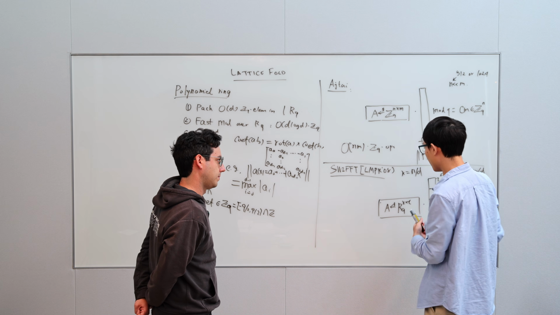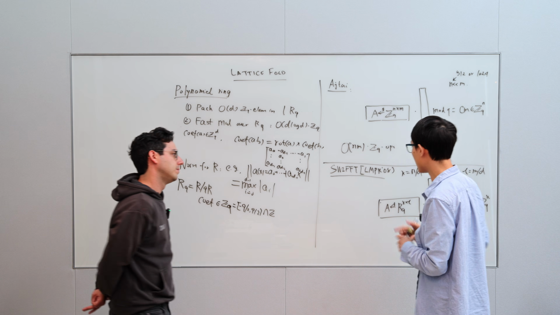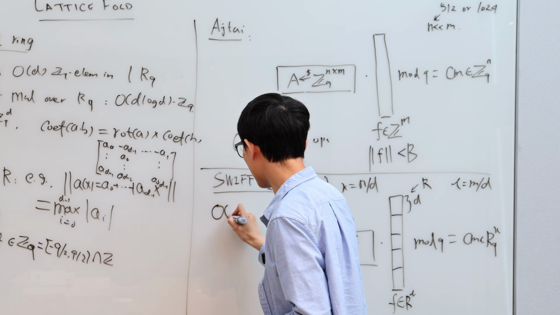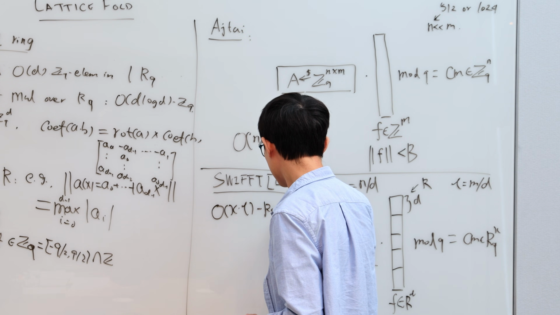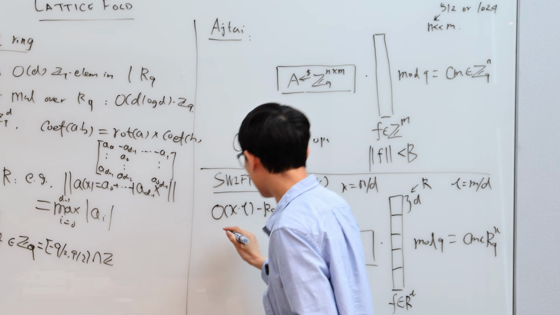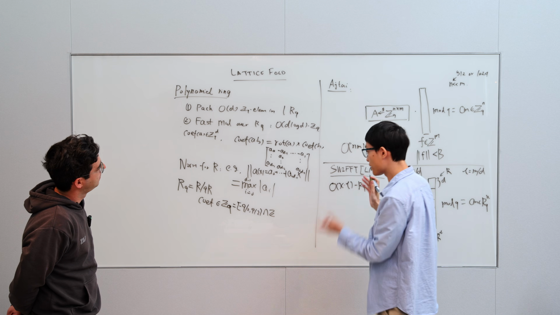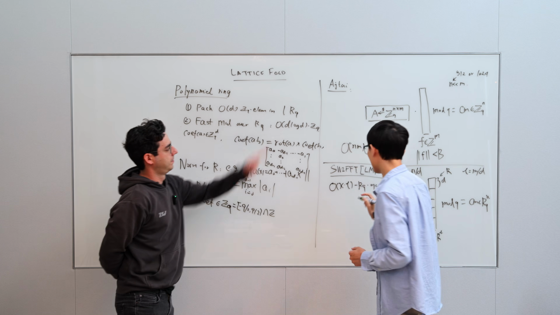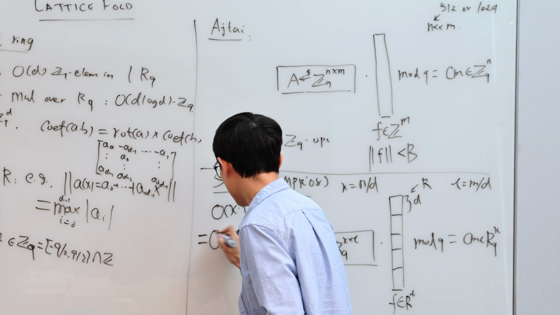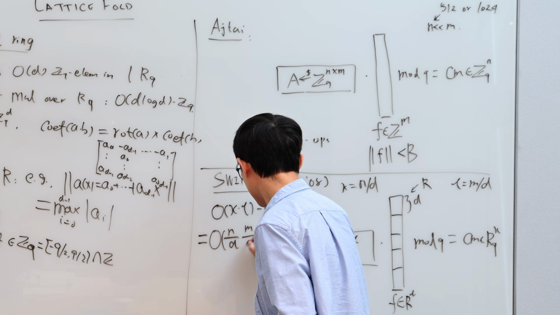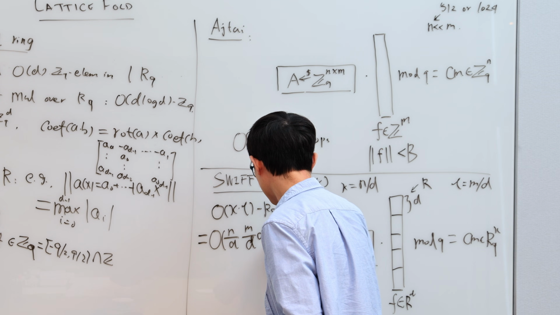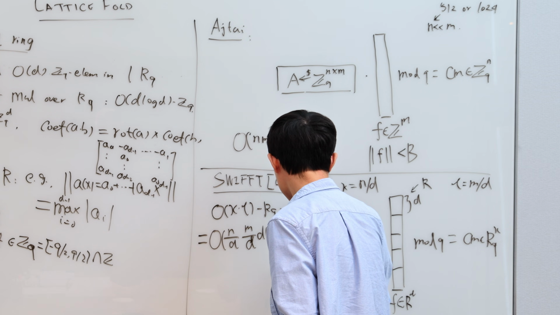And why do we care about this? Because the complexity of computing is much faster. It takes about kappa times L ring operations. And one ring operation only takes d log d Z_q operations. So this is n/d times m/d times d log d Z_q operations.